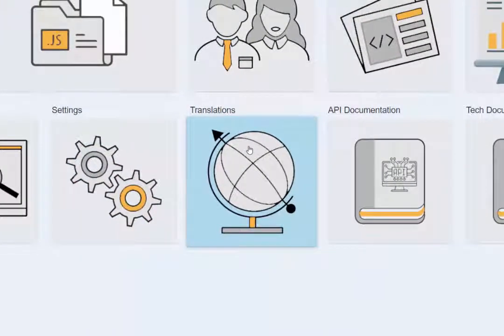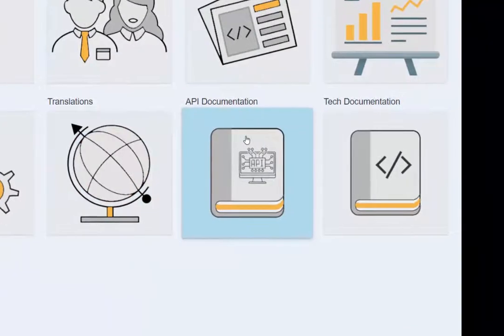Translation, you've seen in the Ganister client application that there are potentially many languages, so you can translate all these. We have an API documentation for all the REST API that Ganister exposes, and a tech documentation on how to do all these manipulations.